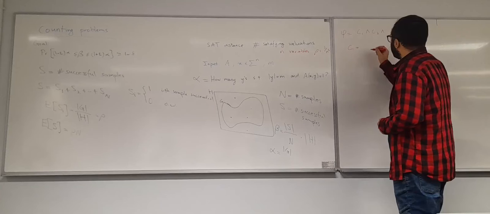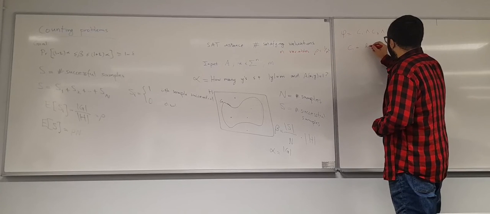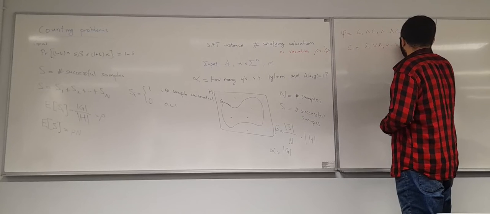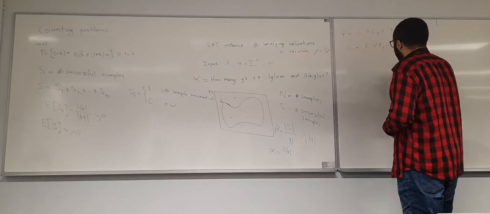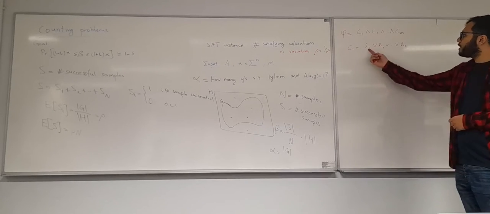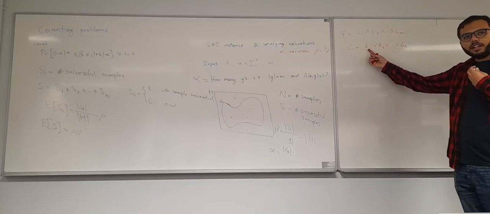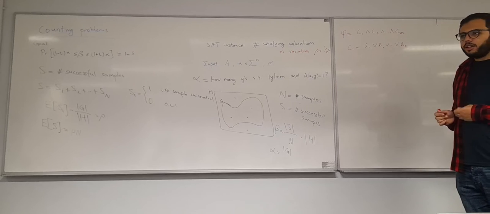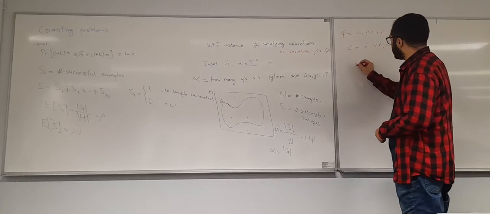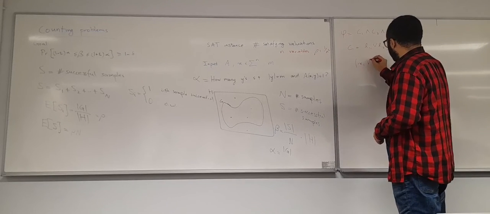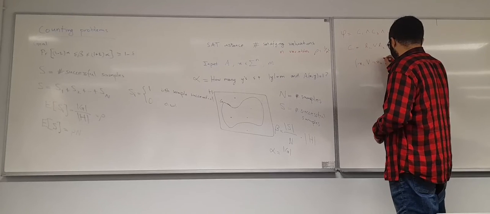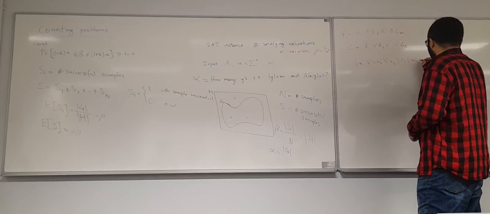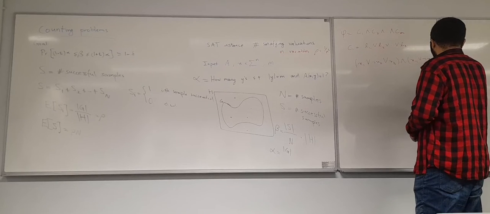So it's like L_i1 or L_i2 or so on, or L_ik, where each one of these L_i's are either one of my variables or the negation of one of my variables. So for example, if I have a 3-SAT instance, it would be something like (x1 or not x2 or x3) and (x4 or not x1 or not x2).